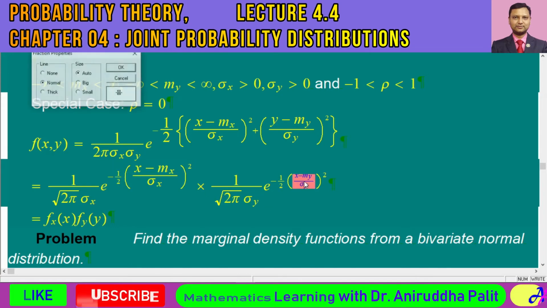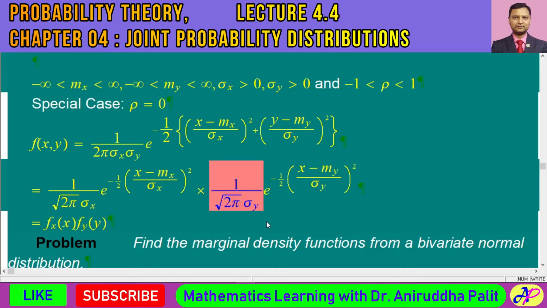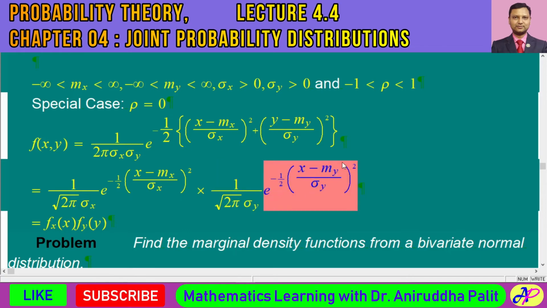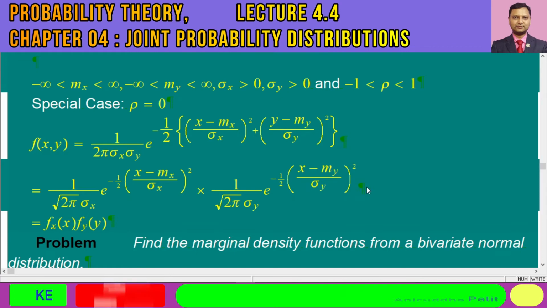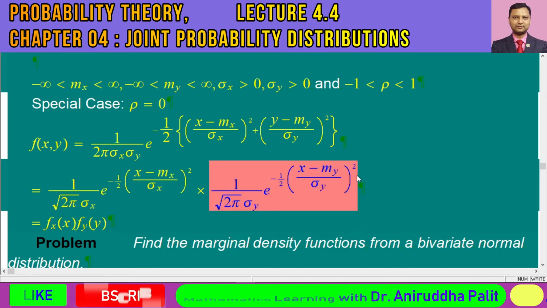And similarly over here, the same type of expression involving y: 1 by root over 2 pi into sigma y, e to the power of minus half into y minus my divided by sigma y whole square. So you see, this is purely a function of x and purely a function of y.